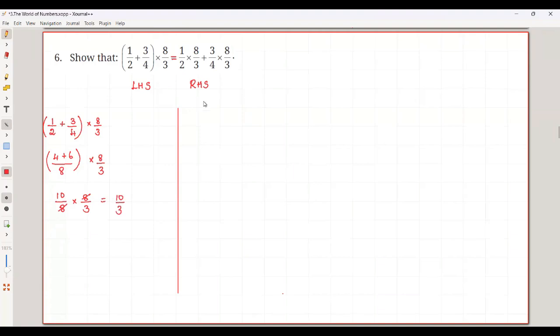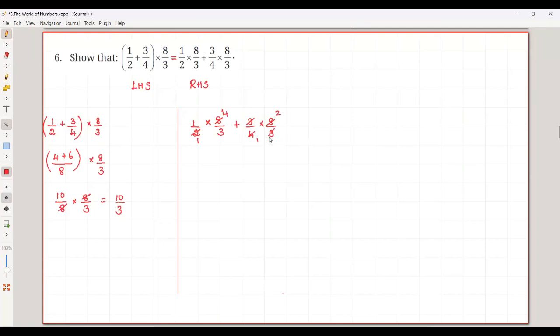Now we'll check the RHS. RHS is given as 1 by 2 into 8 by 3 plus 3 by 4 into 8 by 3. You can cancel: 1 2s are 2, 4 2s are 8. Here 1 4s are 4, 2 4s are 8.